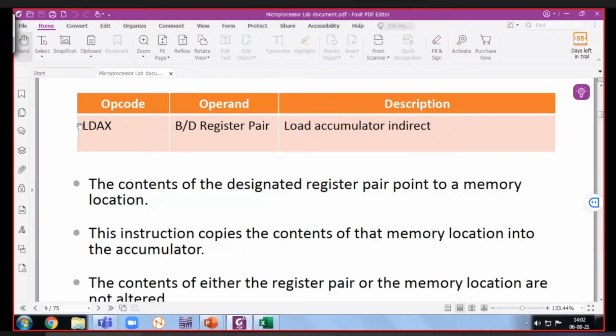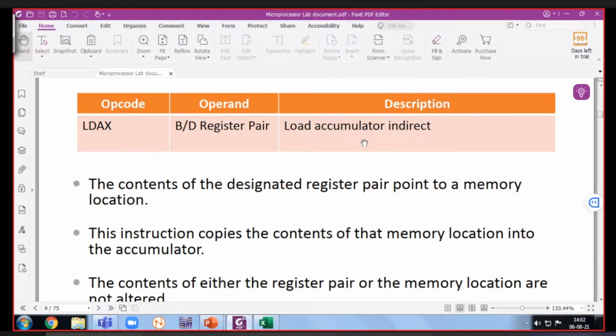LDAX, load accumulator indirect. Why indirect? Because in this no direct address is mentioned. Remember this.